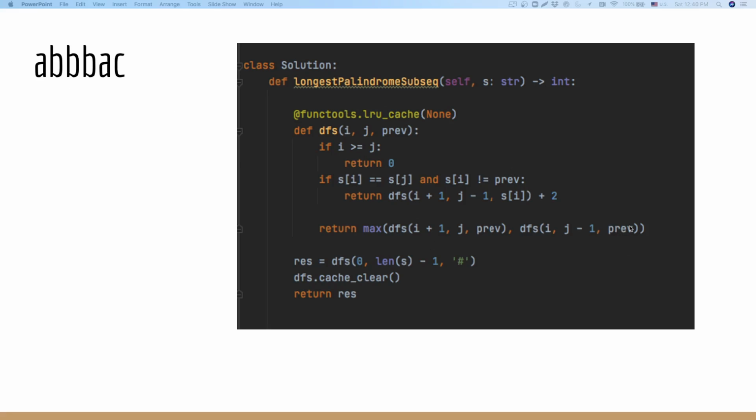In this case, the pre hasn't changed yet because we haven't found anything where two characters match. So let's still keep the random character as our pre. And we have ABBBA.